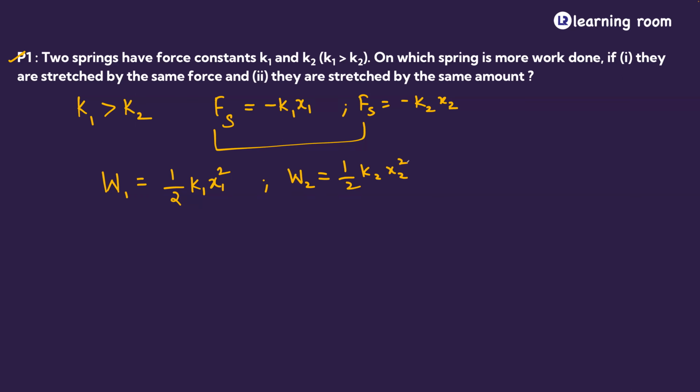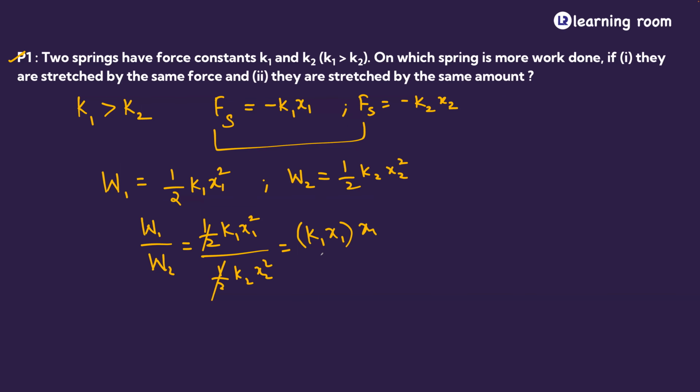Whenever you want to find which work is greater, do a comparative study. For that, I'll write W1 by W2. So W1 by W2 is equal to half K1 x1 square divided by half K2 x2 square. Half and half are gone. So can I write this as K1 into x1, because I have K1 into x1 into x1, the whole divided by K2 into x2 into x2?